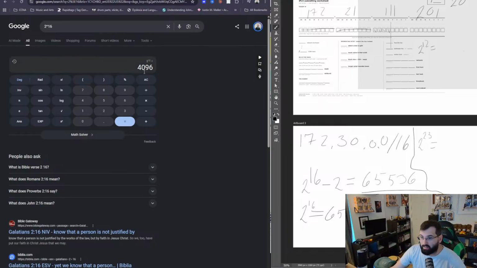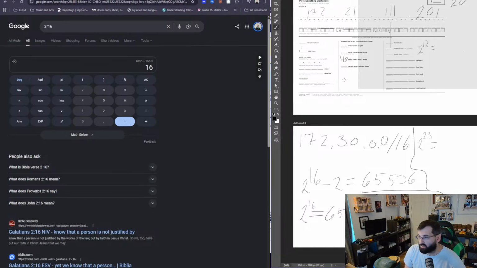Now we take that number and divide it against 256, which gives us 16. So 16 is our block size. I do think I took a longer way to get here.